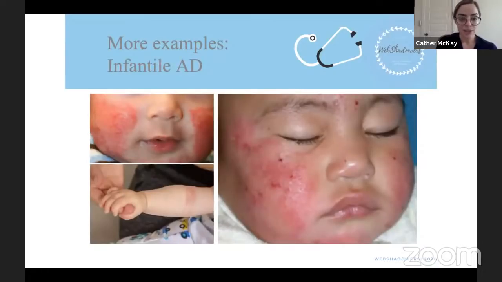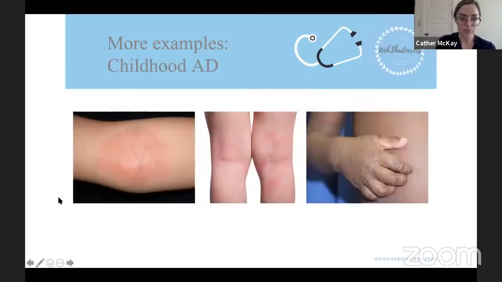So infantile atopic dermatitis, just some more pictures. So this is on different skin types, but face is sometimes super involved in kids. In childhood, again, the flexures, hands, and this is lichenified, so it has those textural changes.